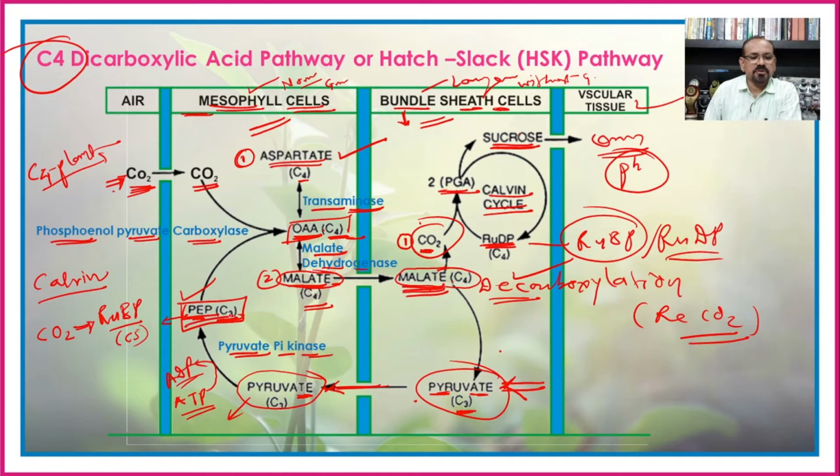Again, this phosphoenol pyruvic acid after formation is ready to absorb carbon dioxide from the environment to carry out the same C4 dicarboxylic acid pathway or the Hatch and Slack pathway.